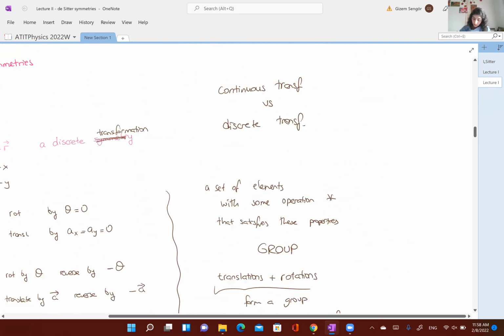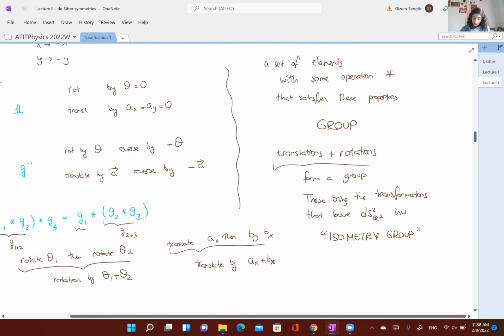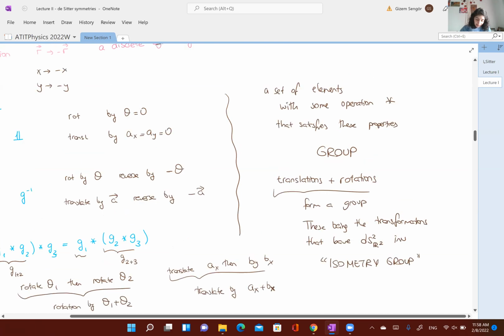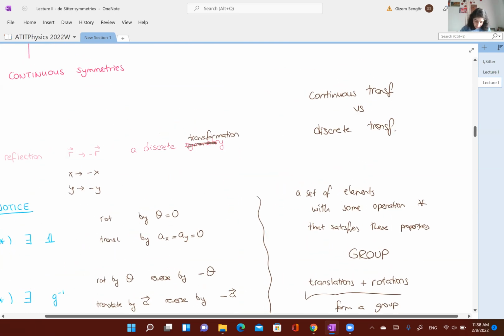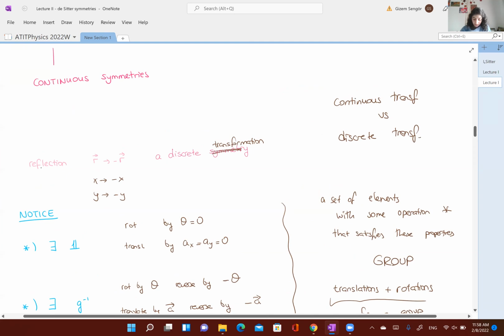Okay, so here, for instance, we considered the isometry group of two-dimensional Euclidean space, and we saw that it's composed of translations and rotations. Now, this other transformation we talked about, reflections for example, wasn't a symmetry of Euclidean space, but it can be the symmetry of some other system. But notice that this was discrete. This had discrete parameters.